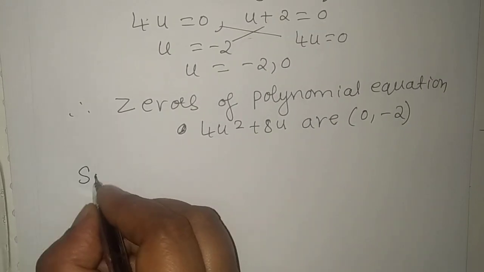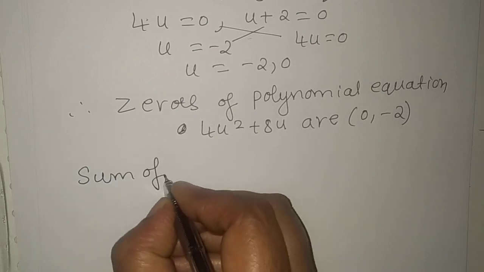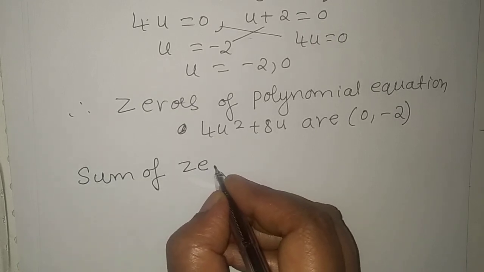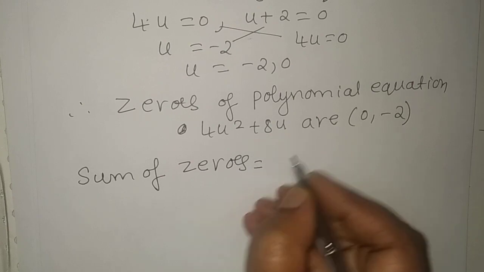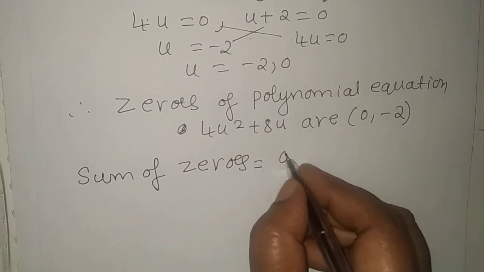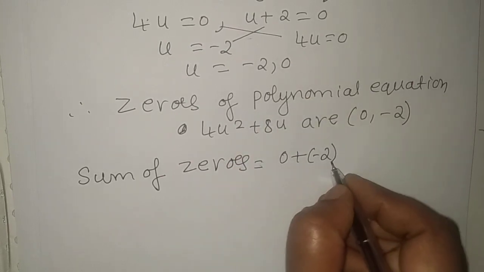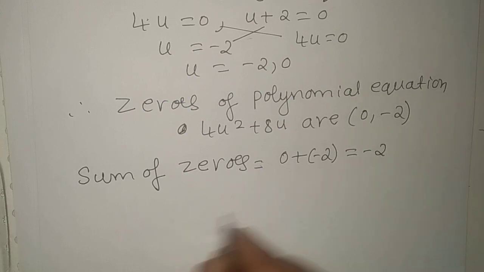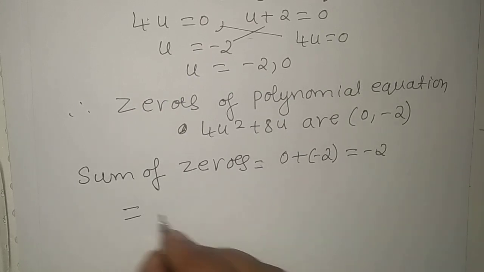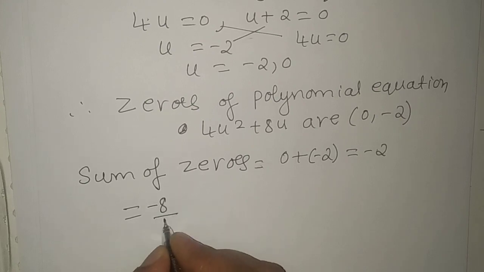So now we calculate the sum of zeros. Just calculate this one: 0 plus minus 2 will be minus 2. Then minus 2 can be written as minus 8 by 4.